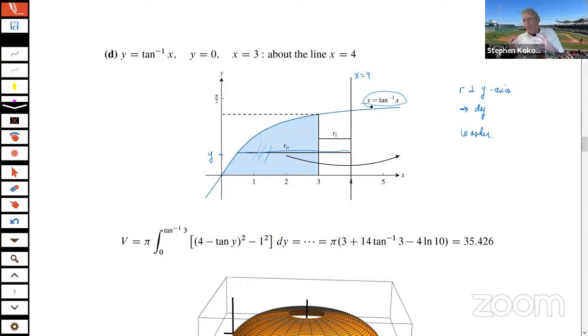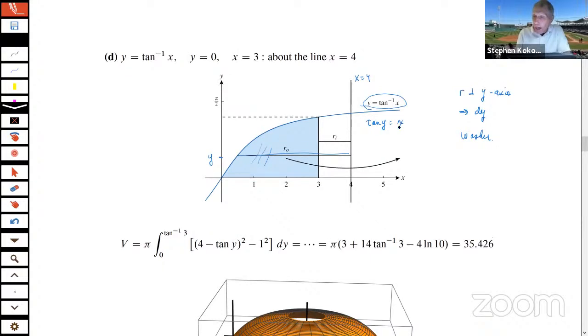I can, in some sense, take the tangent of both sides. So the tangent of y is equal to x. So at an arbitrary point y over here, what's that distance right there? Well, that's the tangent of y. And what's this distance? It would be 4 minus that little distance in there to give me this.